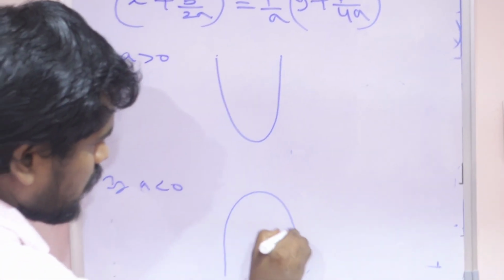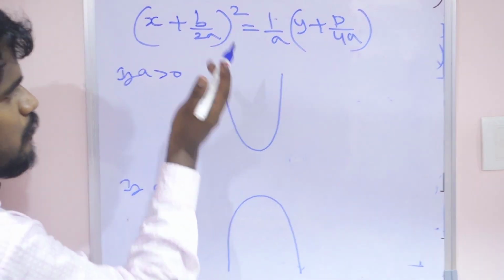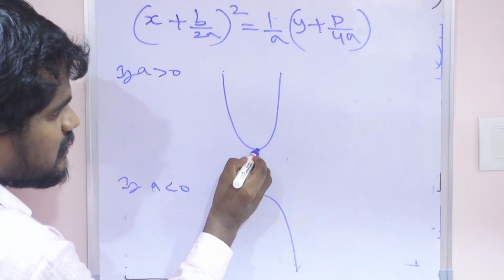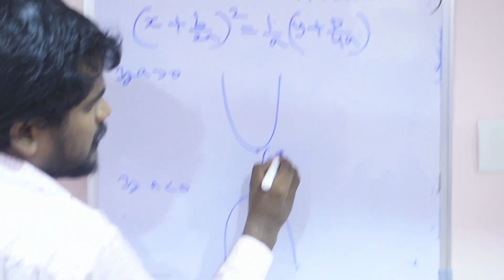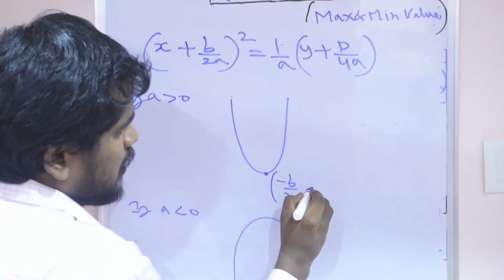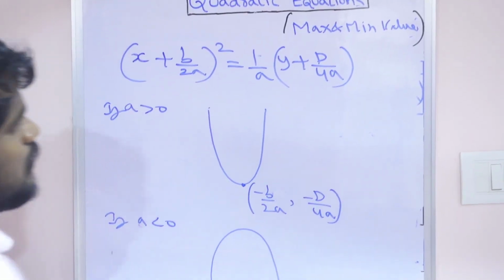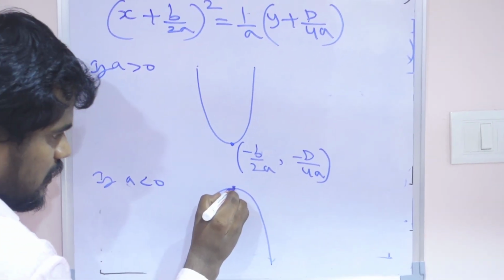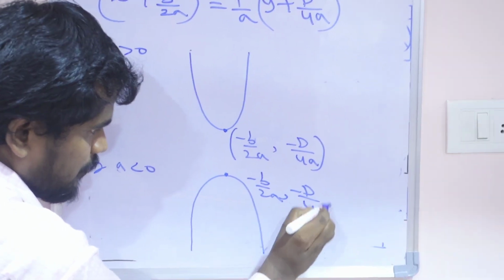So what do you observe here? This opens upwards, so the minimum value is here. This is the vertex. The vertex is minus b by 2a comma minus d by 4a, and this is also the vertex here, minus b by 2a comma minus d by 4a.